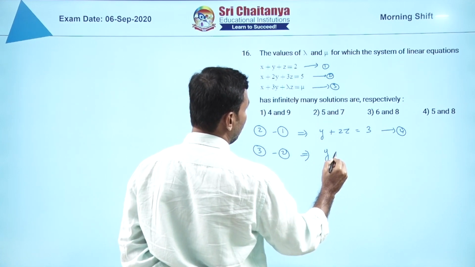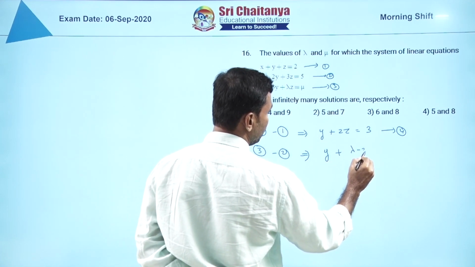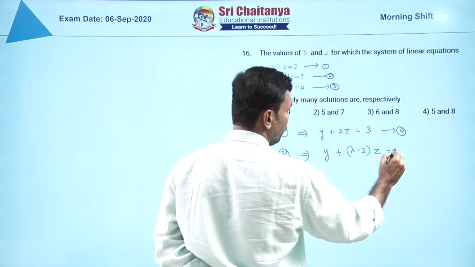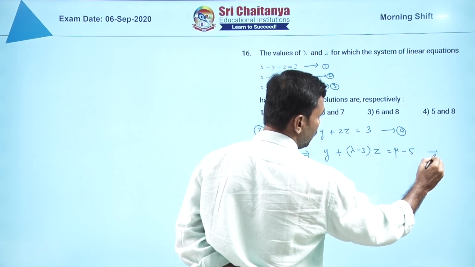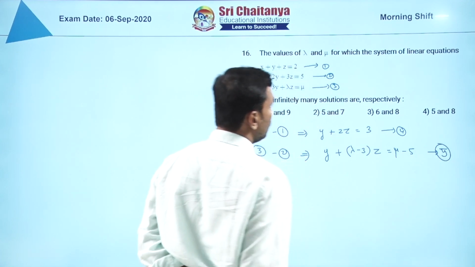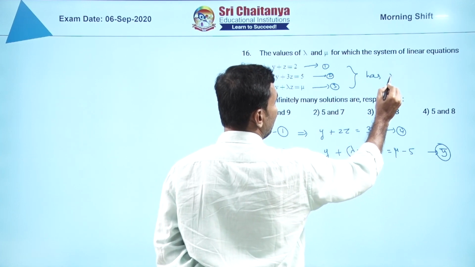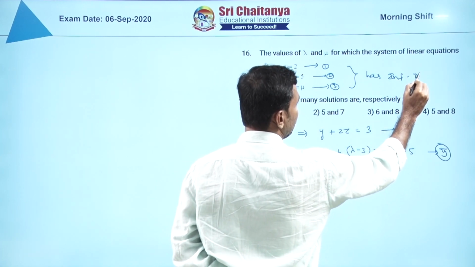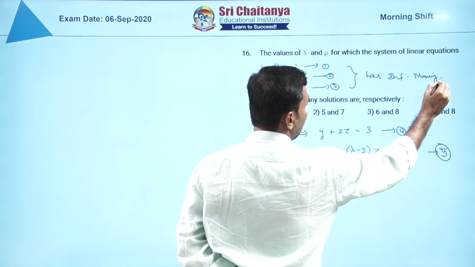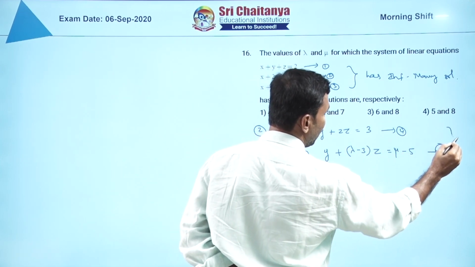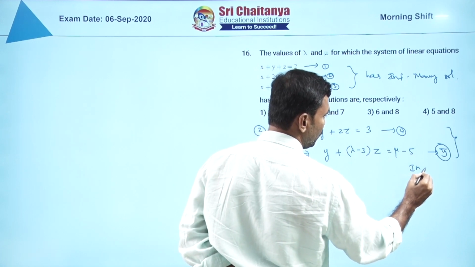So, y plus (lambda minus 3) into z is equal to mu minus 5. This is number 5. See, these three equations have infinitely many solutions if and only if these two equations have infinitely many solutions.